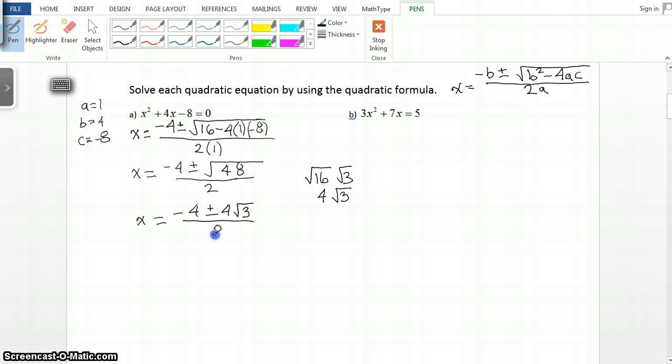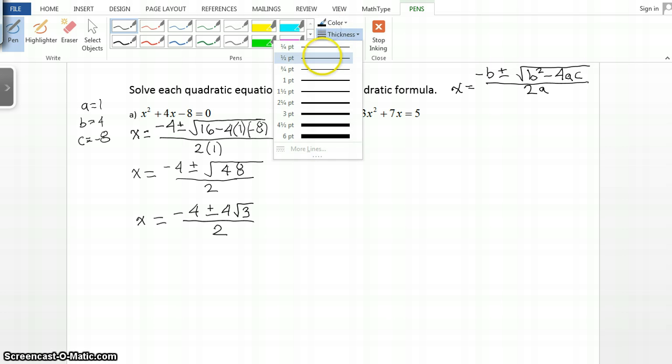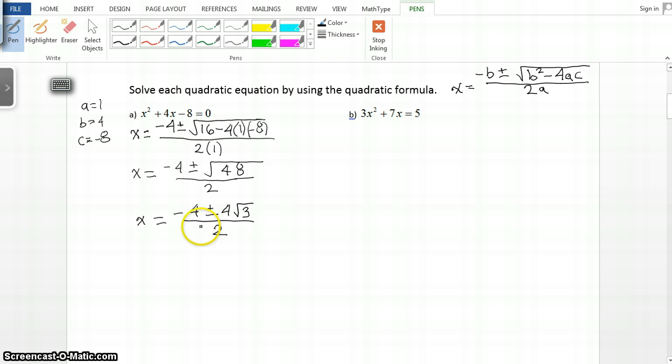Alright, let's divide the whole thing by 2. Okay, so still not done simplifying this. Let's divide each one of these by 2. If I take negative 4 and divide it by 2, I'll get a negative 2. Let's put the plus minus in the middle. If I take 4 radical 3 and divide by 2, it's the same as 2 square root 3.